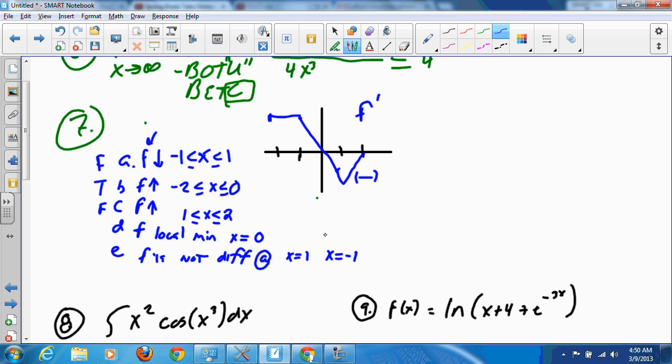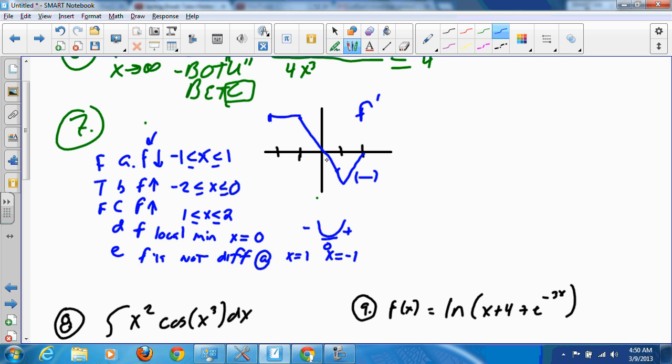A local minimum on a graph, of course, looks something like this, where the function is decreasing, then it has a horizontal tangent at this vertex, if you will, and then the function starts increasing. So when the function is decreasing, the derivative is negative, the derivative is 0 here, the derivative is positive over here, and that's just the opposite of what the graph shows us.